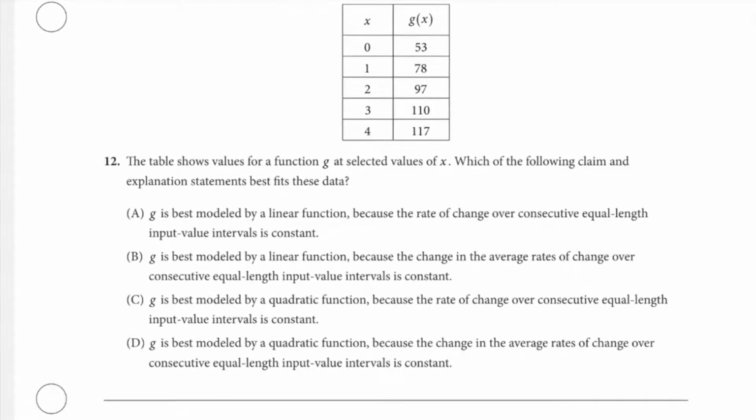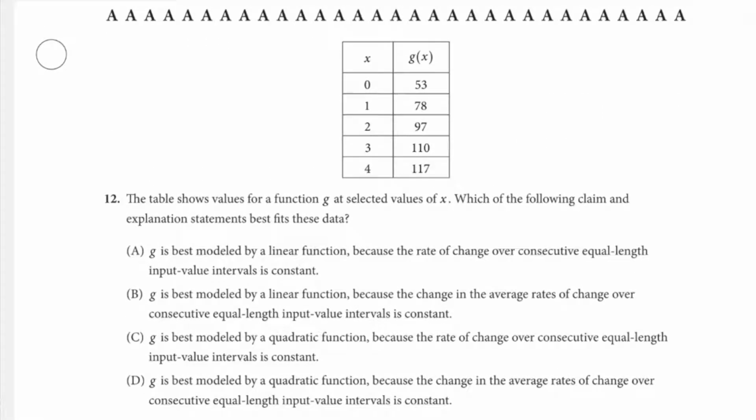So, which of the following claim and explanation statements best fits these data? Well, I'm just going to have to look at the difference. From 53 to 78, that's 25. Then 78 to 97. Let me think about this. 78, 88, 98.